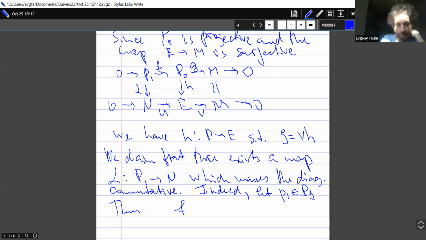What do we know about F of p1? If we apply G, this becomes 0, because P1 to P0 to M is a projective resolution.